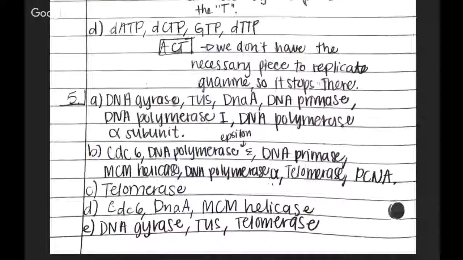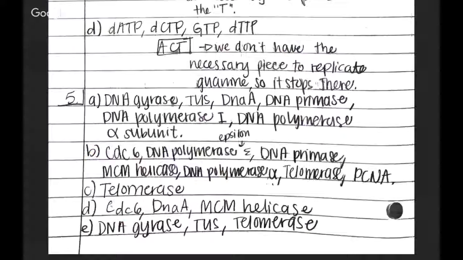Okay. So for number 5, it gives you a long list of proteins involved in DNA replication, and it asks a few different questions. The first question, part A, asks which of the above proteins is found in prokaryotes, and there's a bunch of them. So we have DNA gyrase, TUS, DNA A, DNA primase, DNA polymerase 1, and DNA polymerase alpha subunit.